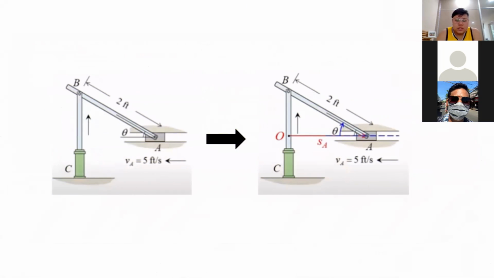Okay, now the figure states that we create a datum line on the rod BC to create a horizontal datum line that connects to point A. And now we know that SA is pointing to the right. Okay.